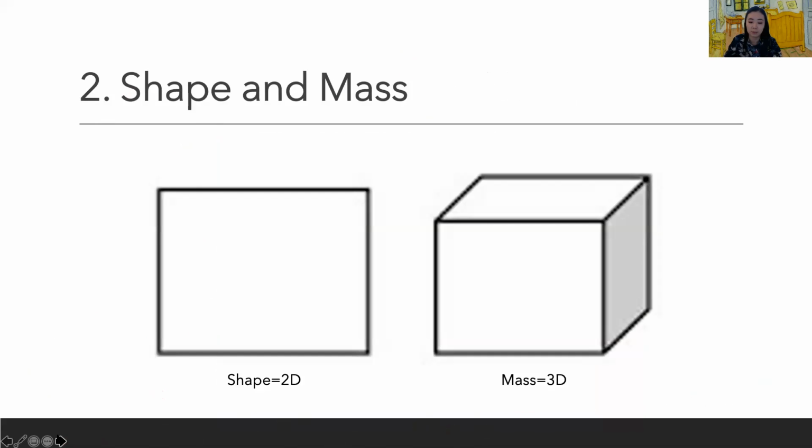A shape consists of width and height, and each shape within the image occupies an area with identifiable boundaries, and boundaries may be created by a line. A mass is a three-dimensional form that occupies a volume of space. It consists of width, height, and depth.